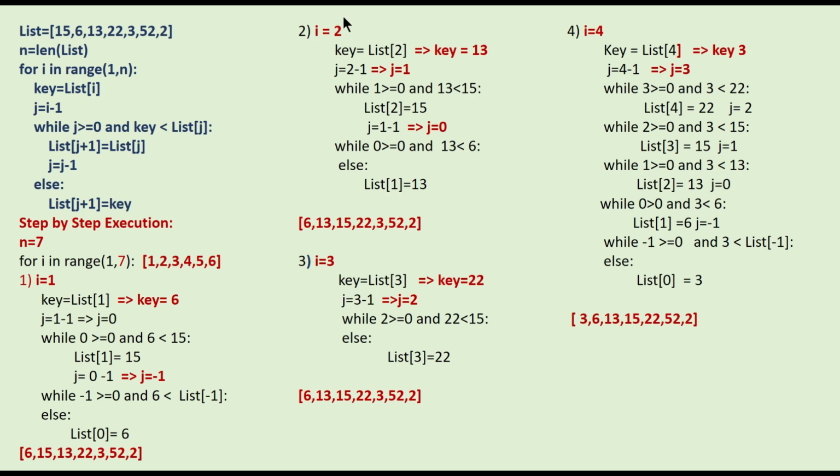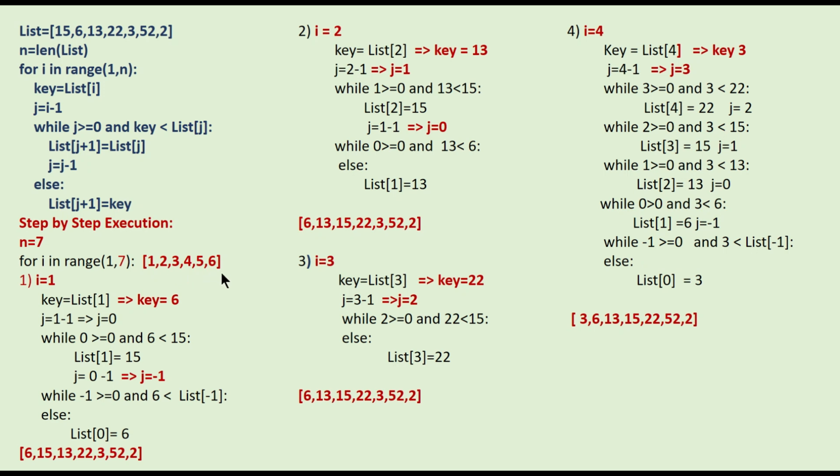After the execution of the second iteration, the elements in the 0, first and second positions are sorted. That is 6, 13 and then 15. Now what I have to do? I have to repeat the whole task once again with the value of I equal to 3, and insert it in the appropriate position, then with the I values 4, 5 and then 6.